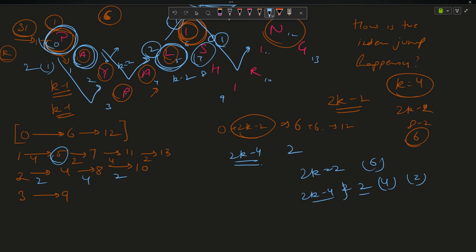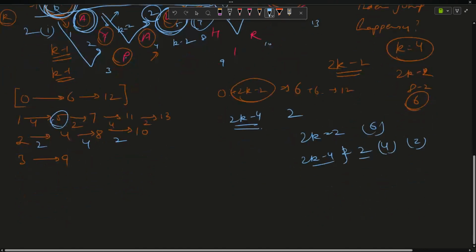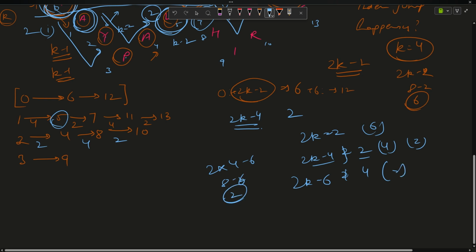This hole is being left out because I'm reaching down. So 2k minus 2 should become 2k minus 6 and 4. If I solve 2k minus 6, it becomes 2 into 4 minus 6, that is 8 minus 6, that is 2. So you can see the difference of 2 here, and the difference of 4 here, which I just formed with the AP.